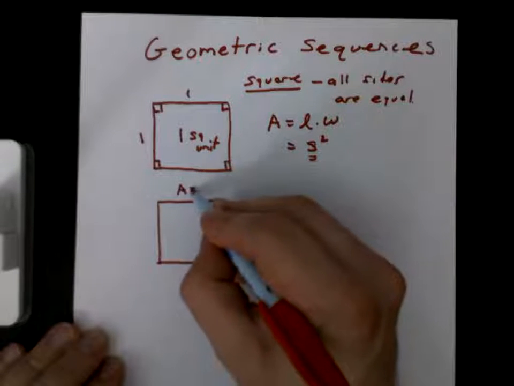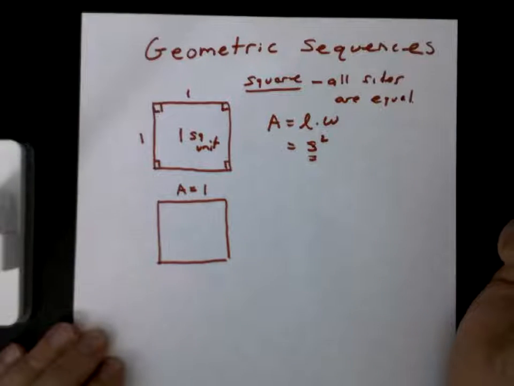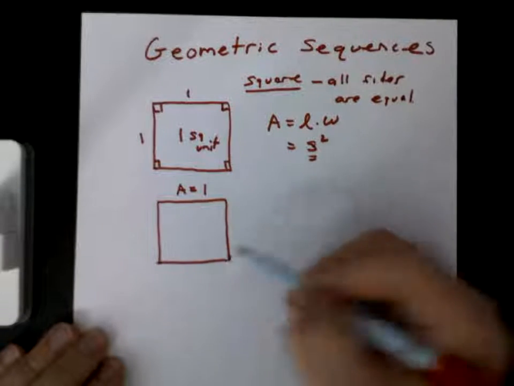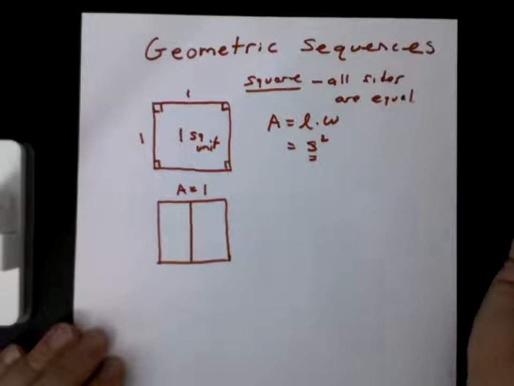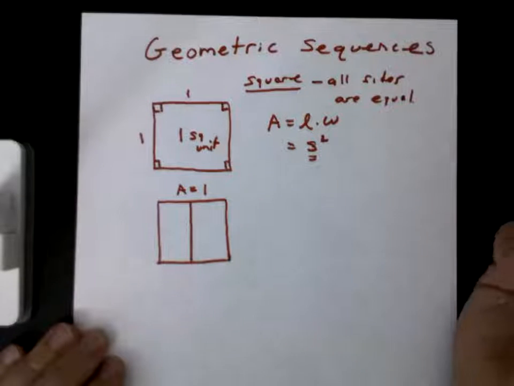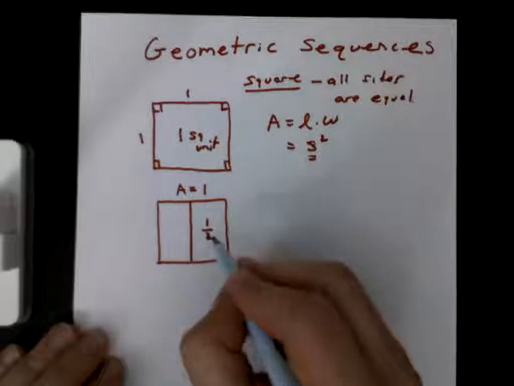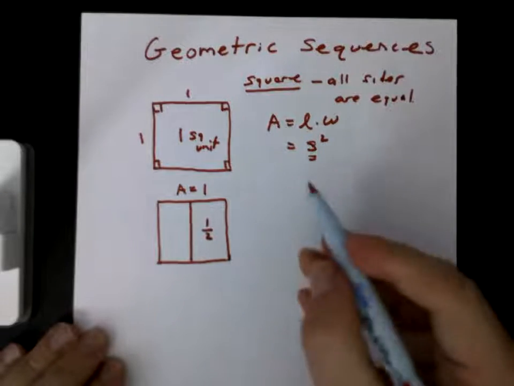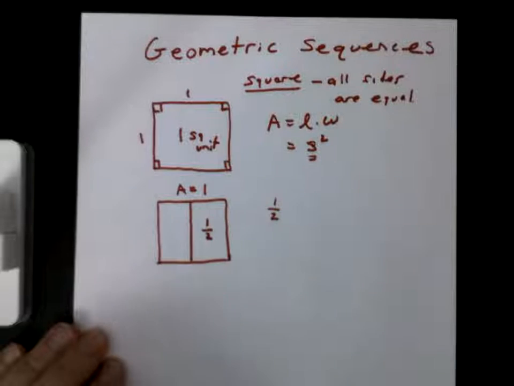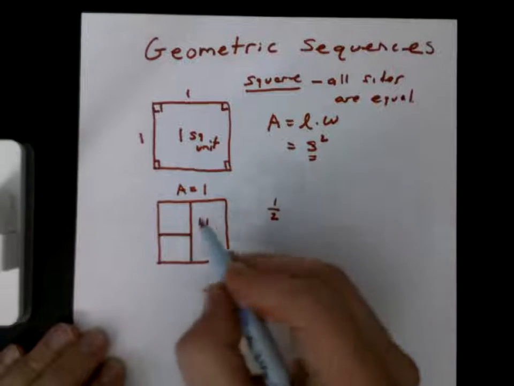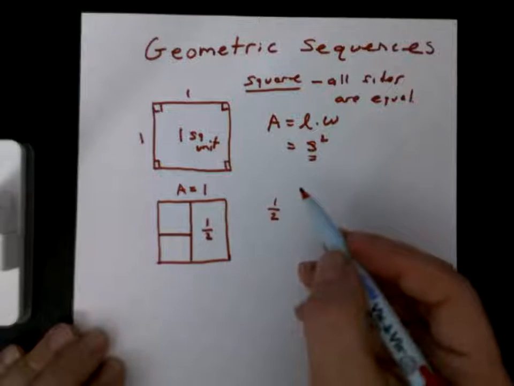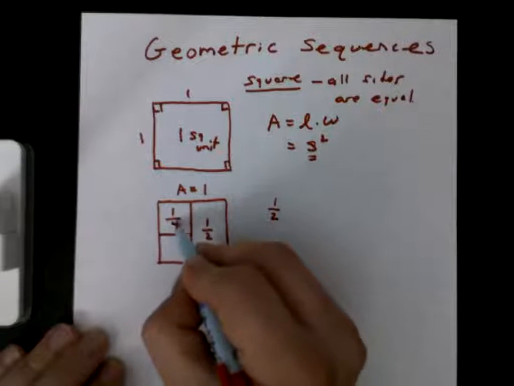The area of the square was 1, because of 1 times 1. Then I said, take this square and cut it in half. If you cut this in half, you have 1/2. That's one cut. Then take that and cut it in half again, so that is 1/4.